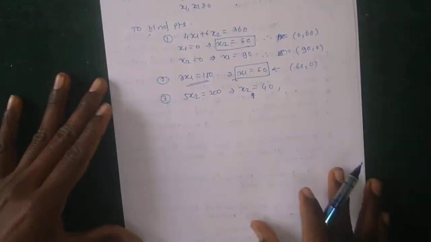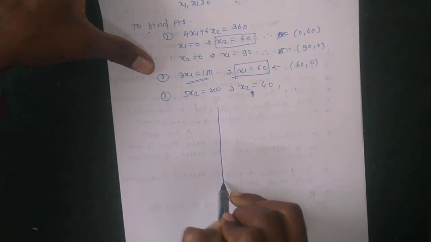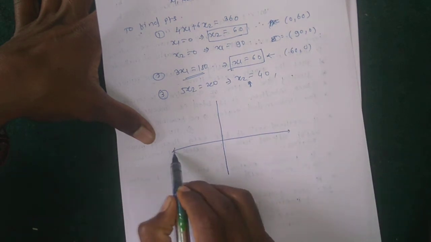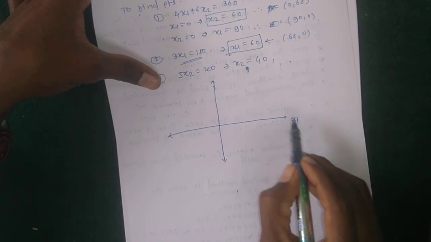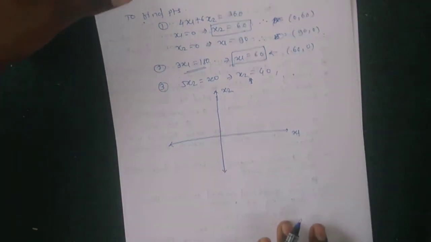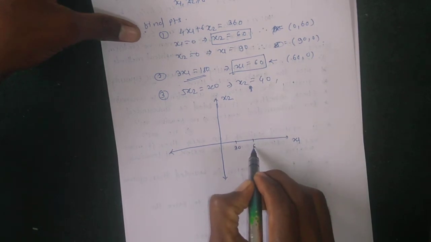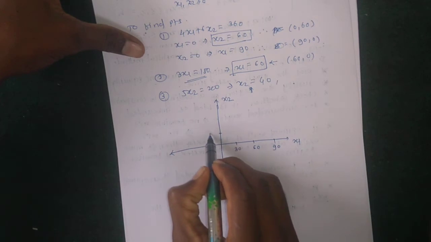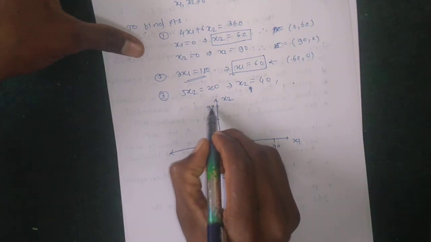So how do we plot the graph? Firstly, this is the x1 axis and this is the x2 axis. Here suppose 30, here 60, here 90. Similarly here 30, then 60, then 90.